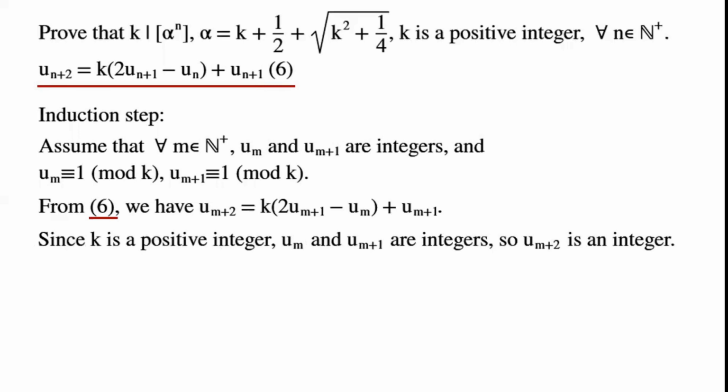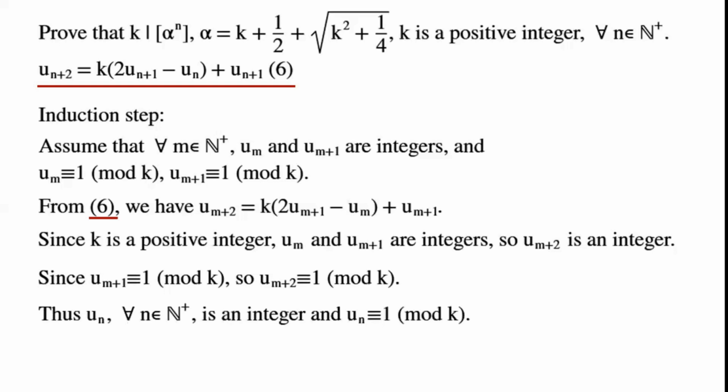Since k is a positive integer, and um and um plus 1 are integers, so um plus 2 is an integer. Um plus 1 is congruent to 1 mod k, so um plus 2 is congruent to 1 mod k.